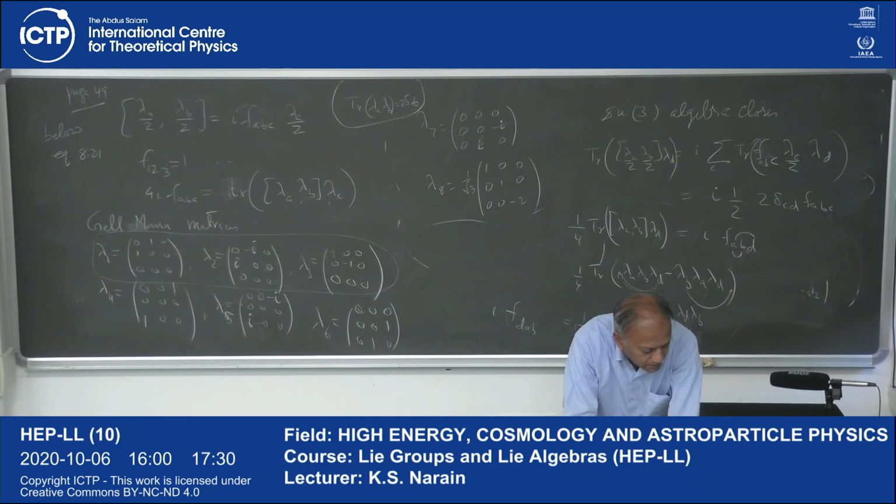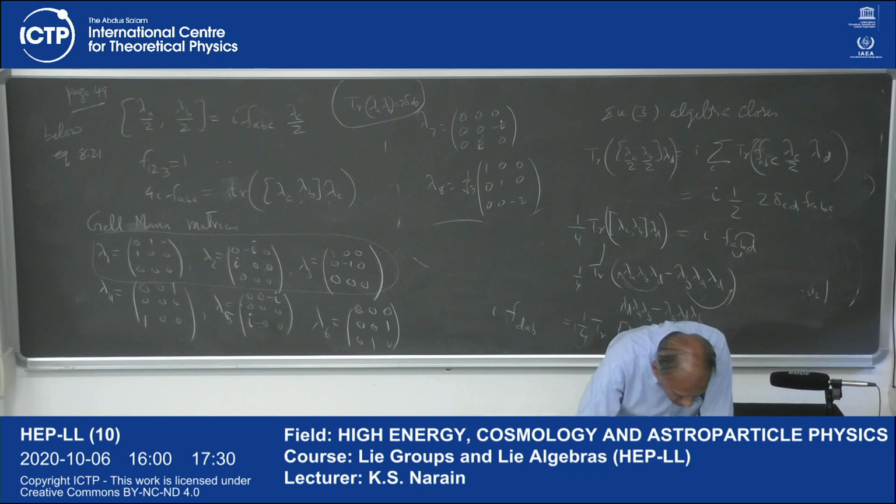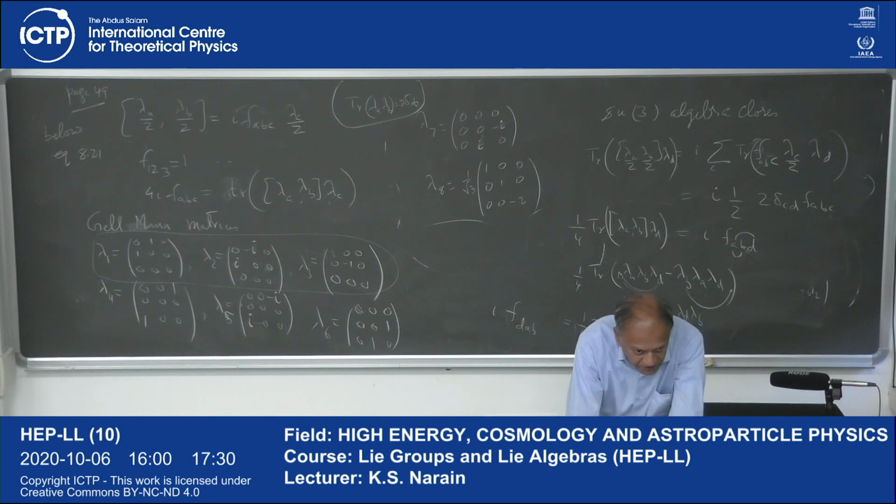Professor, I just wanted to know if we are going to skip the Young part for now. Young part, so let me first finish SU3. And then I will see how much time I have left. Because there is the general discussion we have to carry out.